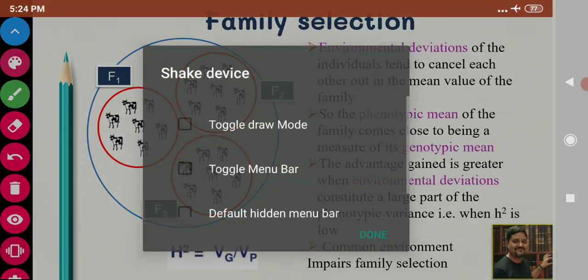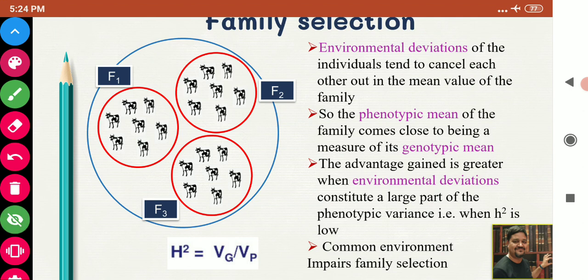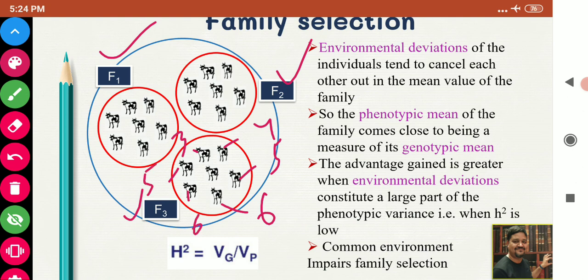If you see this, suppose this is family 1, family 2 and family 3. Suppose in this family this animal is giving 6 liter milk, this is 5 liter, 4 liter, 3 liter, 5 liter, 6 liter. By adding all this milk yield performance and dividing by the total number of individuals, we got the mean of the F3 family as 6 liter.